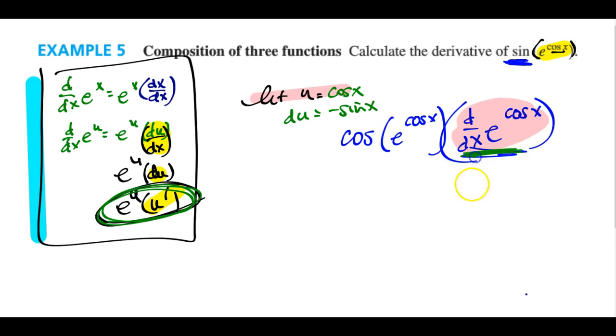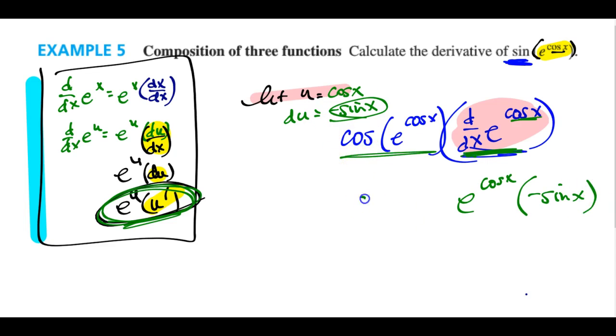So the derivative of this is right here. It's e to the u, and I've let u be cos, times du. And du is right here. I've already worked that out for you. And then you just bring this down. So it's the cosine of e to the cosine x.